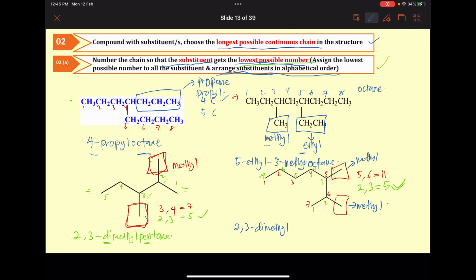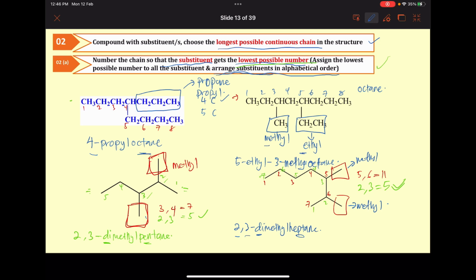Since there are 7 carbons, we can name it as heptane. This means the methyl is attached at carbon number 2 and number 3. Di means there are 2 methyls, and heptane is the parent name of this compound.